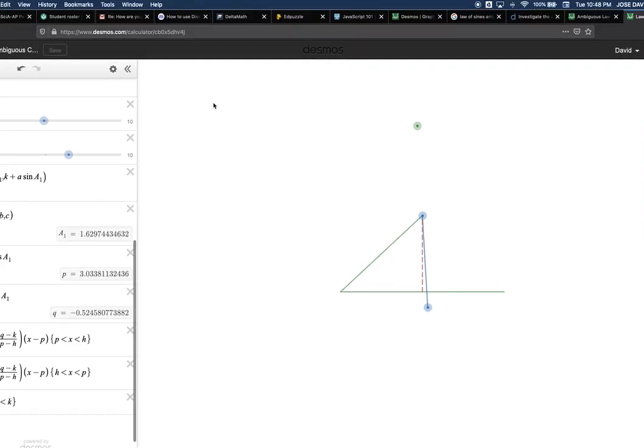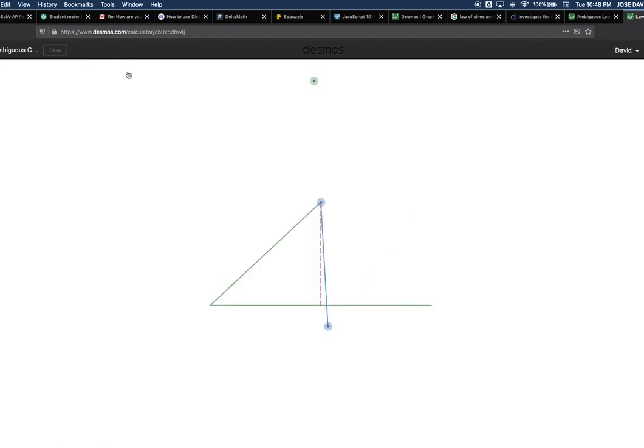Let's see. There we go. So ignore this. So assume that this is the height. Let me move it this way. So we have, this is your height and this is your side.